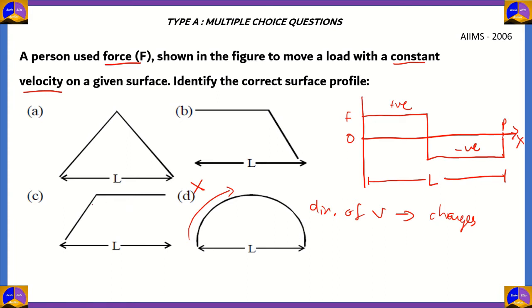If you look at option C, you notice that there is an initial slope. So if you have an initial slope, then that means the force F is used to act against mg sine theta. And then it reaches the top.